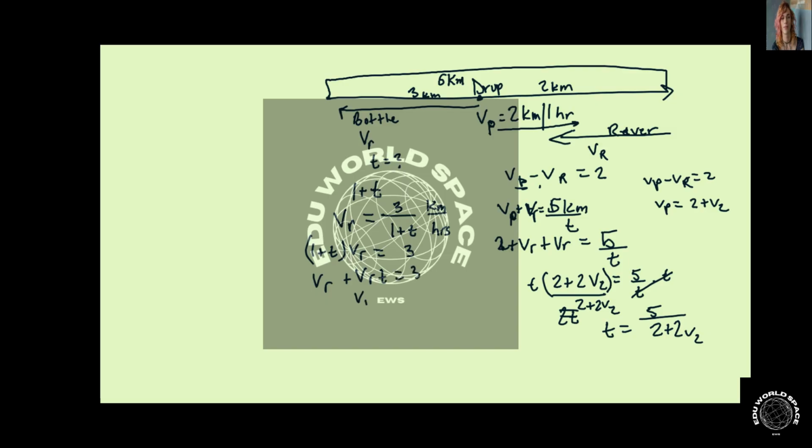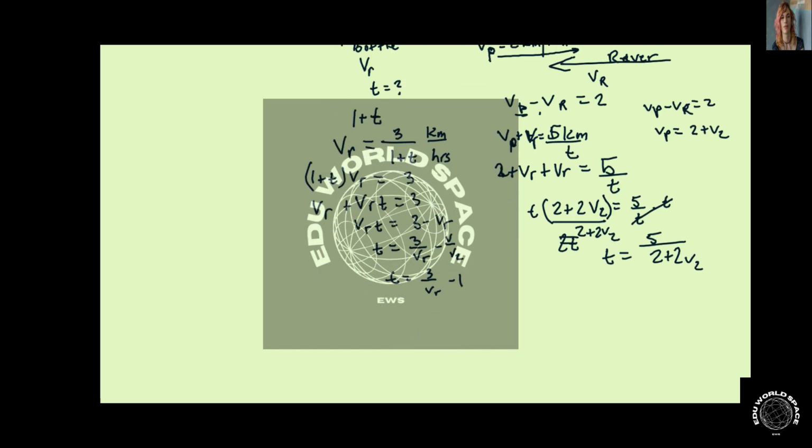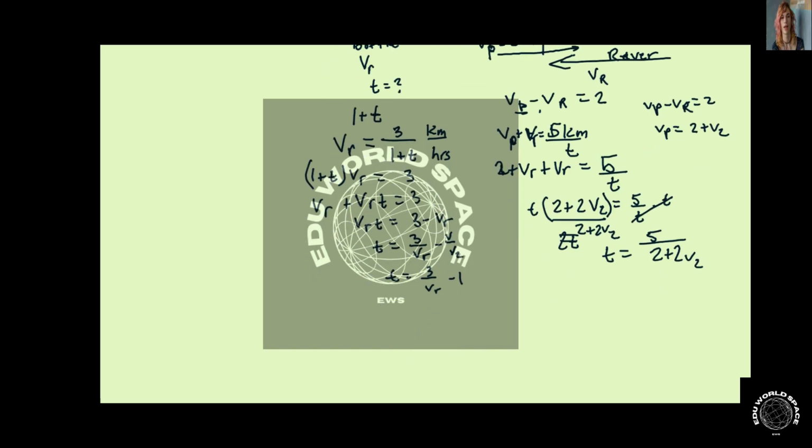And then subtracting VR, we get VRt equals 3 minus VR. And dividing by VR, we get t equals 3 over VR minus VR over VR, or t is equal to 3 over VR minus 1, giving us two equations in terms of t.